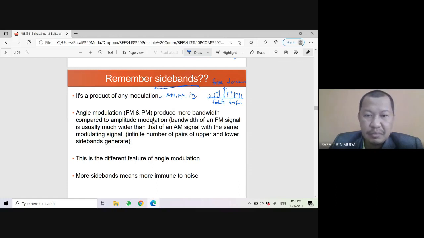Angle modulation produces more bandwidth compared to amplitude modulation. The bandwidth of an FM signal is usually much wider compared to an AM signal with the same modulating signal. An infinite number of pairs of upper and lower sidebands are generated. This is the different feature of angle modulation compared to amplitude modulation.